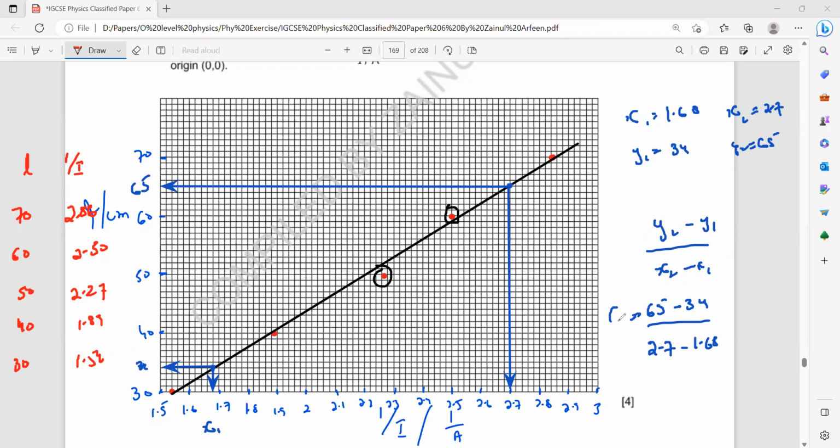What's the final answer for the gradient of this line? 65 minus 34 over the difference in x gives 30.4.